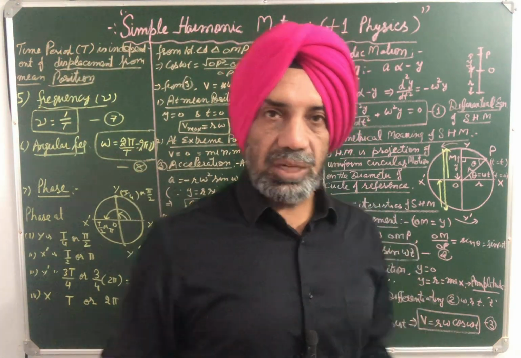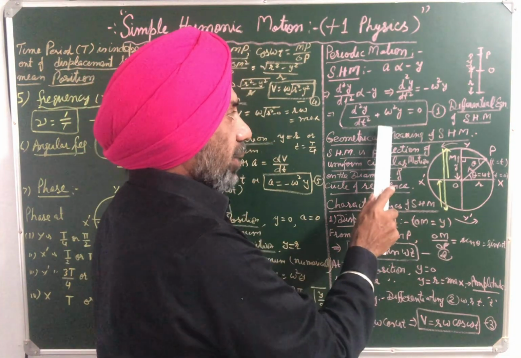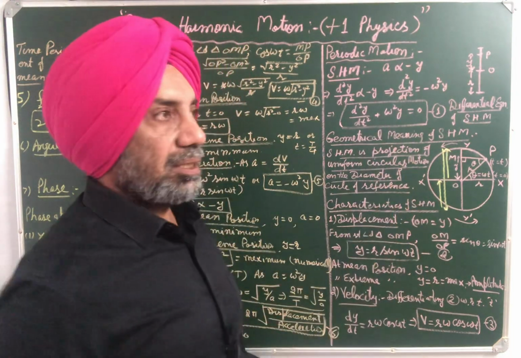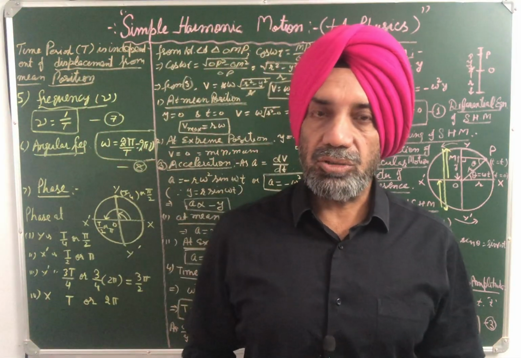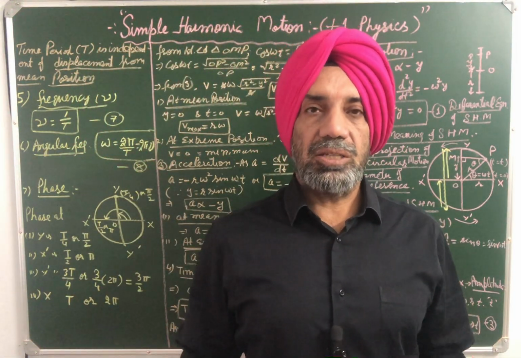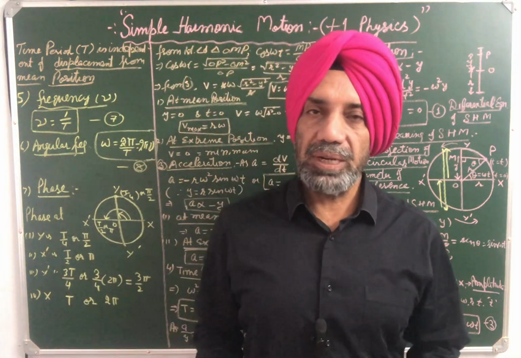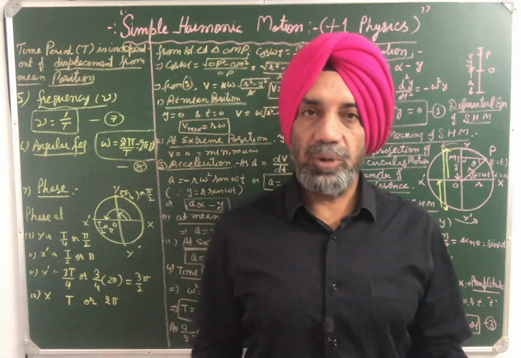Any oscillating system or a body, if it satisfies this equation d²y/dt² plus omega square y is equal to 0, oscillation of that body or system will be simple harmonic in nature. For example, oscillations of a simple pendulum are simple harmonic.